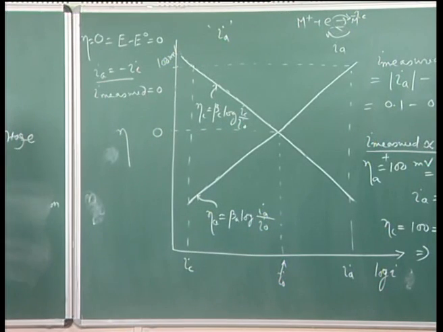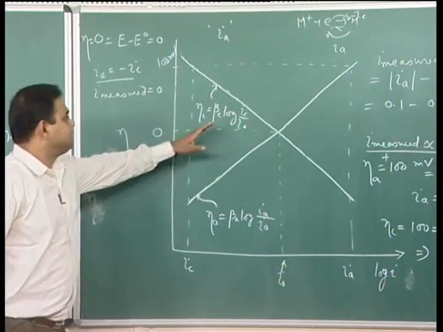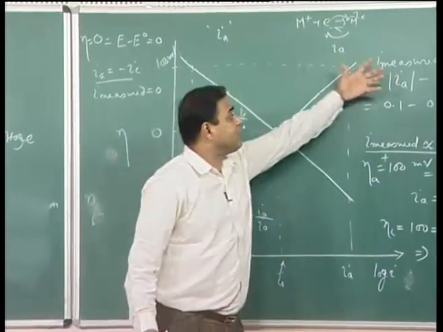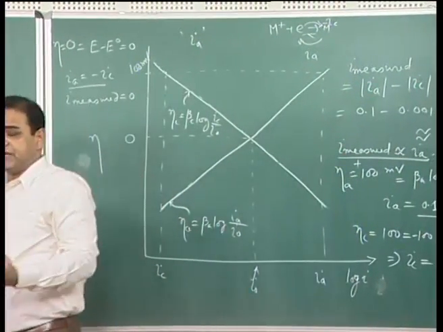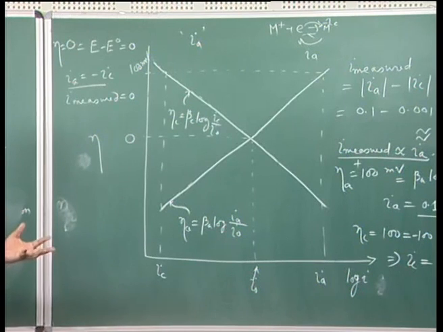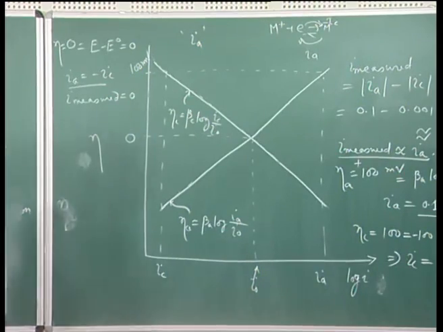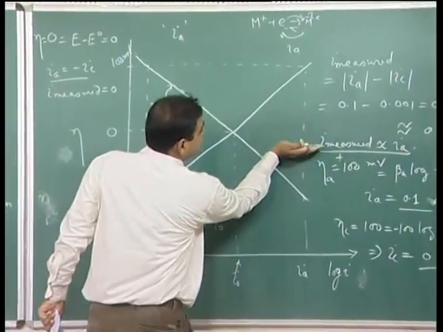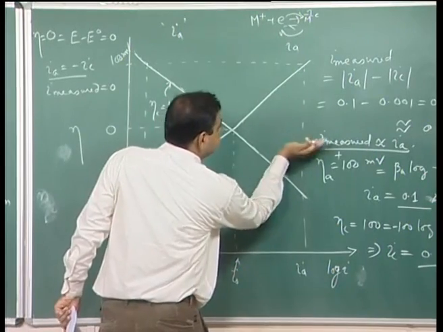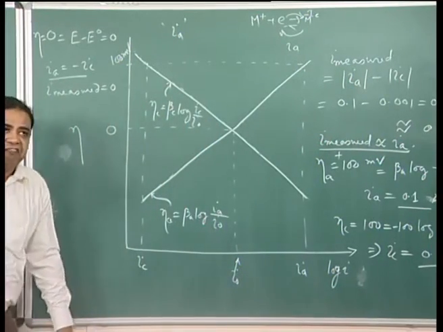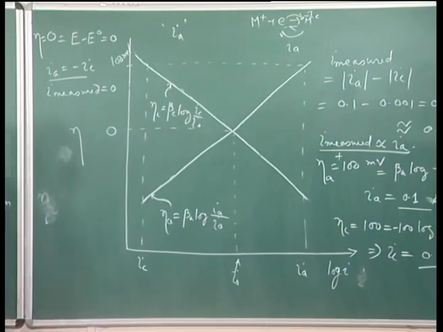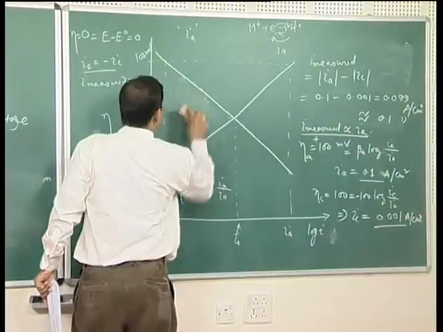Fine, no problem. But the point is, I cannot measure IA or IC individually. Rather, I always measure what is my measured current from the circuit. So I need to see what is my measured current. Now from this you can easily understand that I measured equals IA at a very high overpotential.